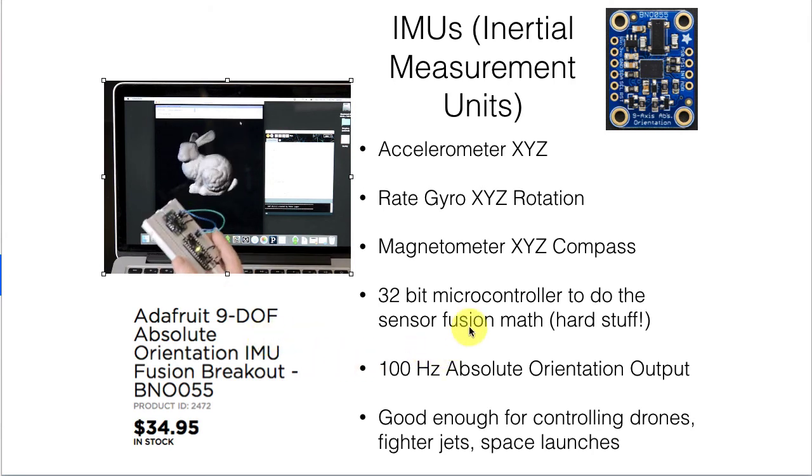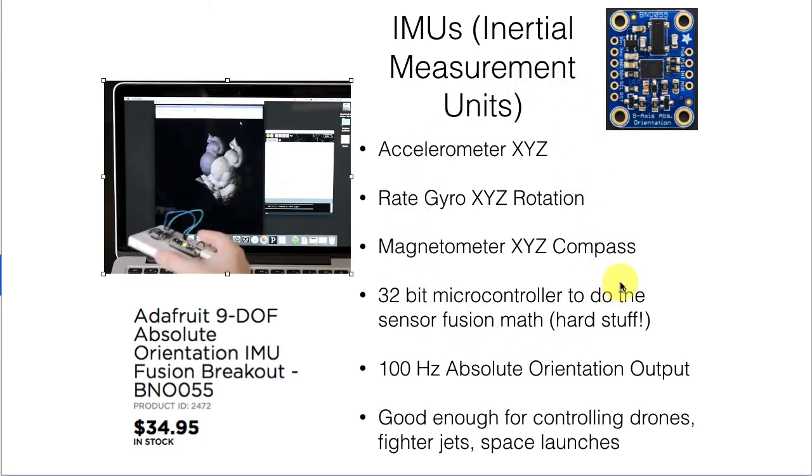Now you can package all of these together with a high-performance microcontroller for well under $100 and get output that's good enough for controlling drones or fighter jets or space launches, because this capability vastly exceeds the measurement capability that we had when we were launching major space missions in the 60s and 70s. So the capability of measuring position and orientation has gone up enormously, and the price has dropped also enormously.